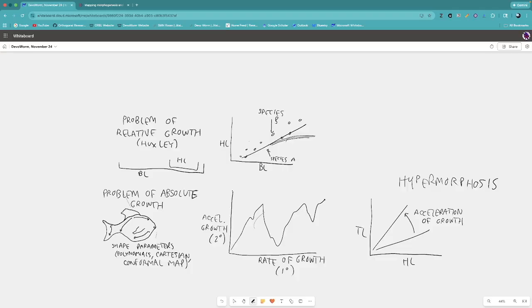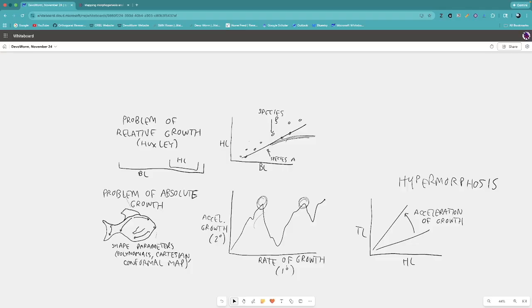And then acceleration of growth is the second order of that, which means how does the rate of growth change? So you almost end up with a time series trace where you can look at these peaks and say that at this rate, you have this acceleration versus the rate. And you can do differential calculus on it.